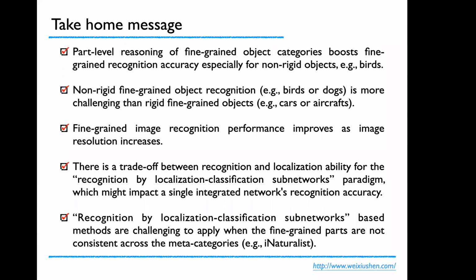And the fourth one is that there is a trade-off between recognition and localization ability for recognition by localization classification subnetwork paradigms, and it might impact a single integrated network's recognition accuracy. That is to say, such a trade-off is also reflected in practice when trying to achieve better recognition results.